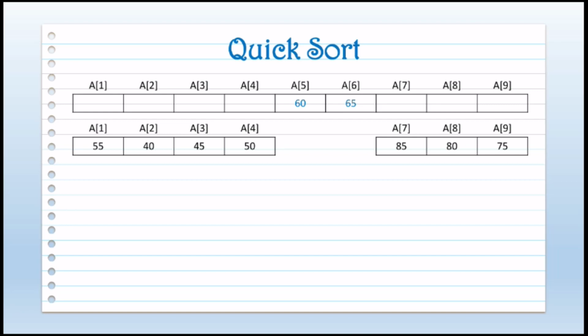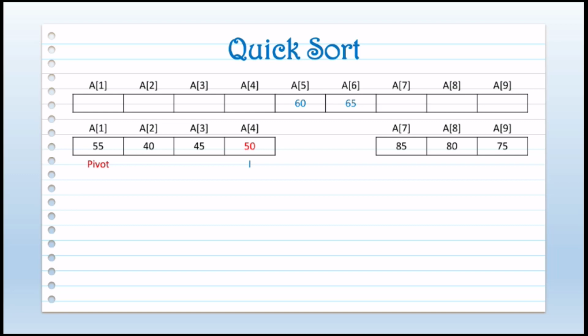So again we will apply the same process. First element we will consider as pivot element and start comparing. So the first position will be compared with the pivot element. So is 40 greater than 55? No, the condition is false. Is 45 greater than 55? No, again the condition is false. Is 50 greater than the pivot element? Again the condition is false.